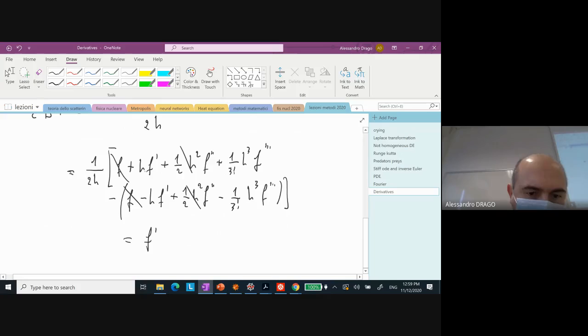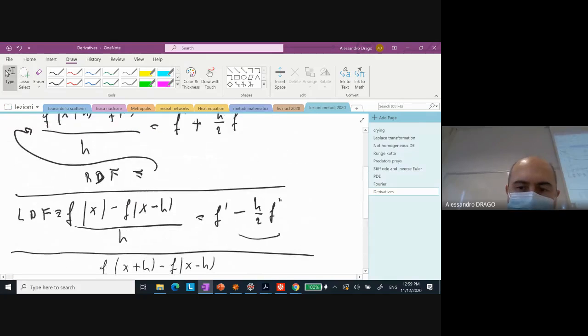I have h plus h, 2h, with an error which is of order, this time, h cube divided by h, so is of order h squared, while here the error was of order h.